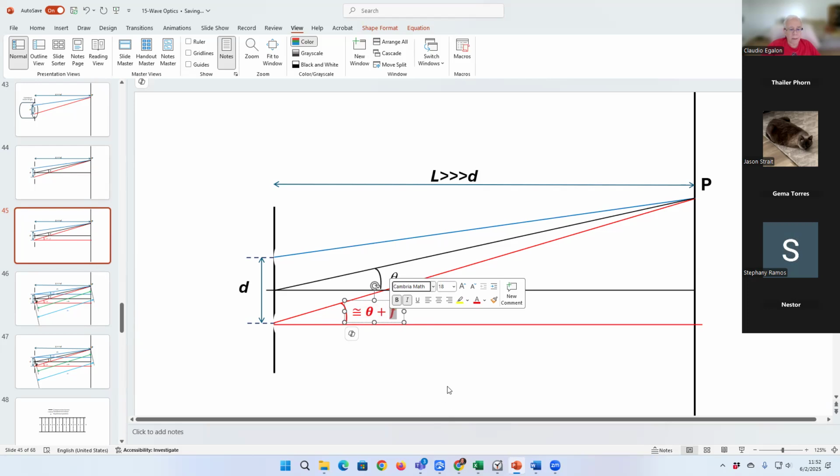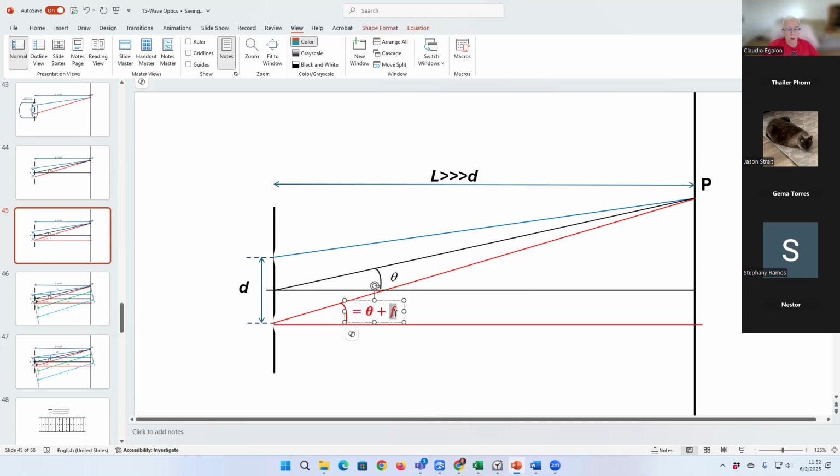But the truth is that this something else is very small. It's so small. Why is it so small?